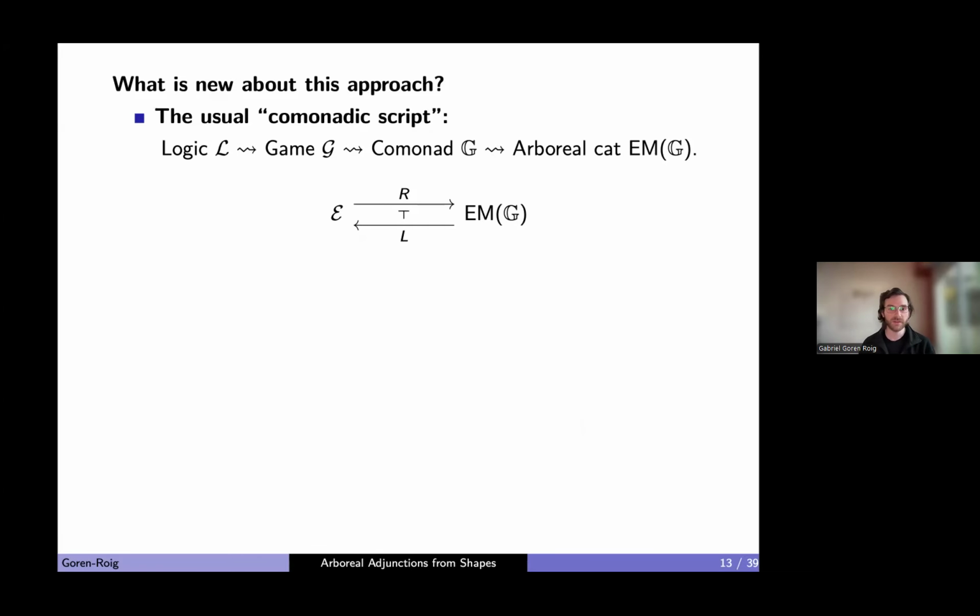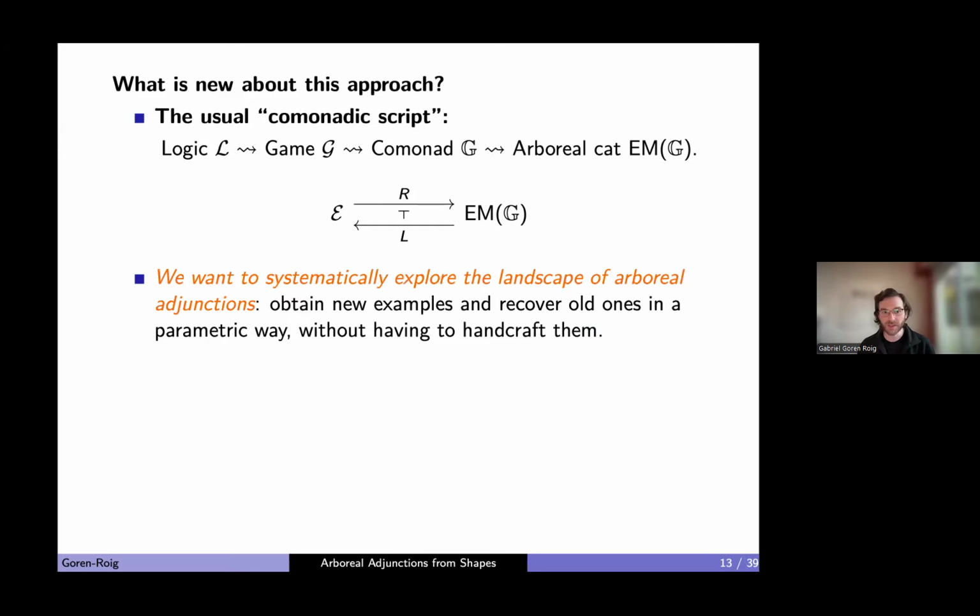Then we figure out if we can construct a comonad out of that game, and this comonad turns out to have an arboreal category of coalgebras. It's the Eilenberg-Moore category, the category of coalgebras of the comonad. When we look at the Eilenberg-Moore adjunction corresponding to that comonad, that is the arboreal adjunction that we obtained. That's how you get an arboreal adjunction.